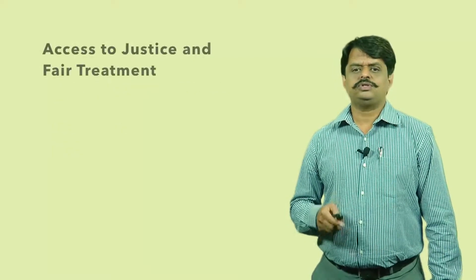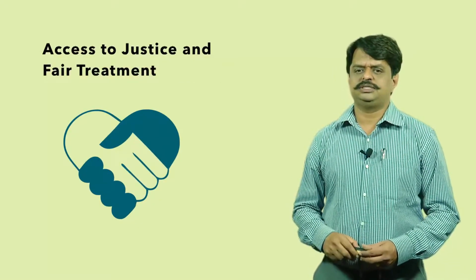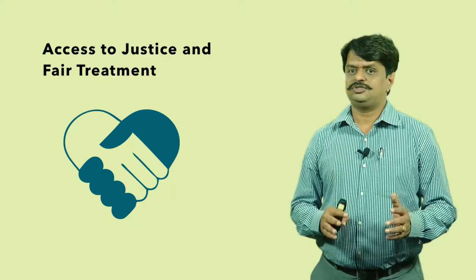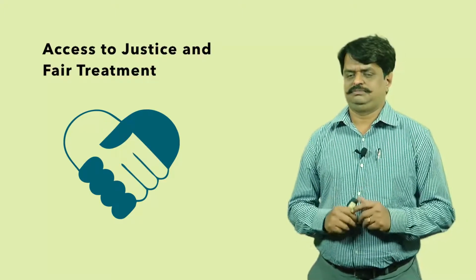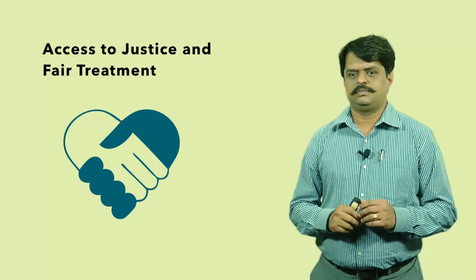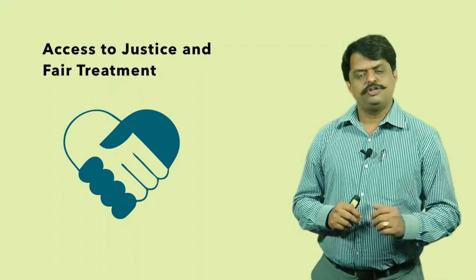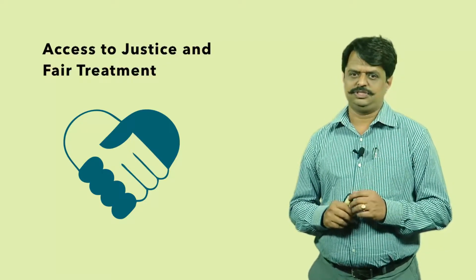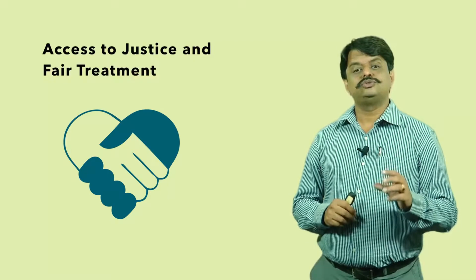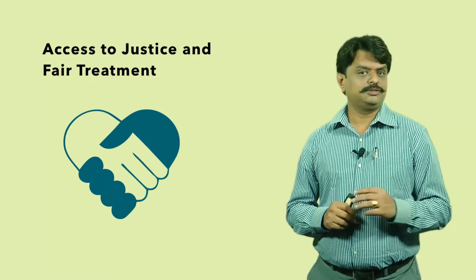When we talk about access to justice and fair treatment, we are talking about access to mechanisms of justice and prompt redress to the victim. Right to be informed about victims' rights is another important aspect under access to justice. Right to proper assistance throughout the legal process.